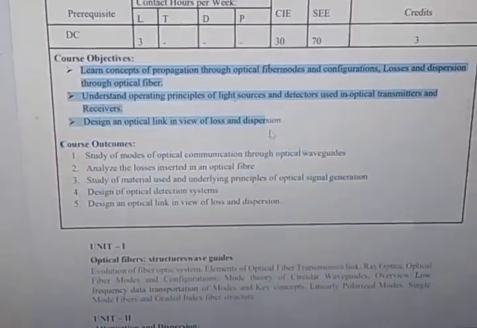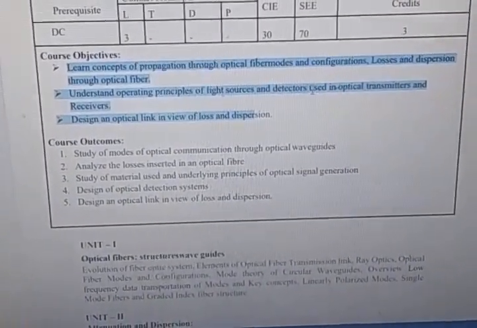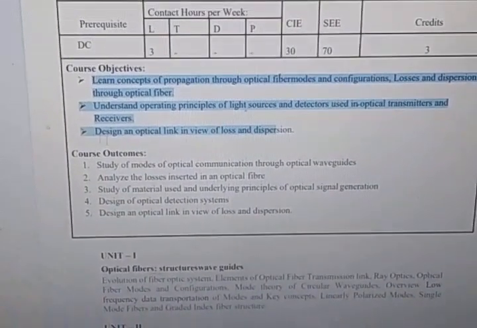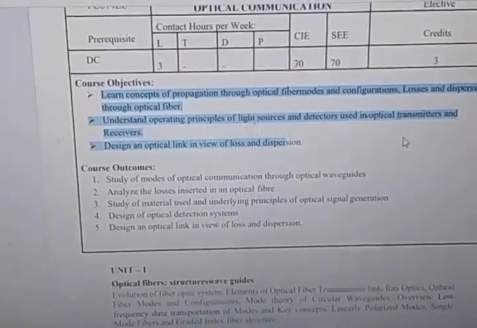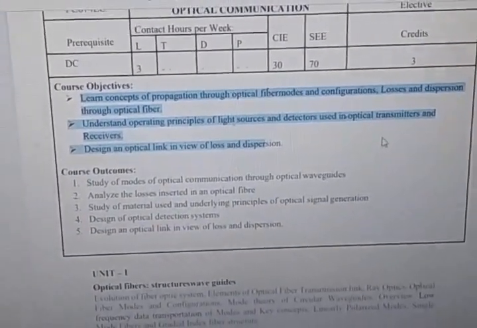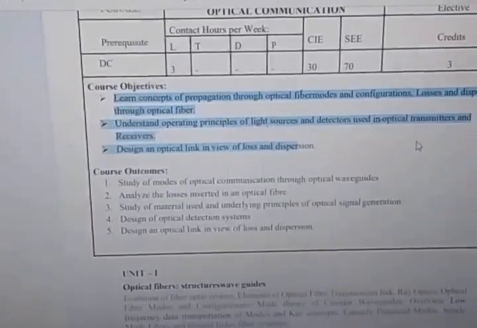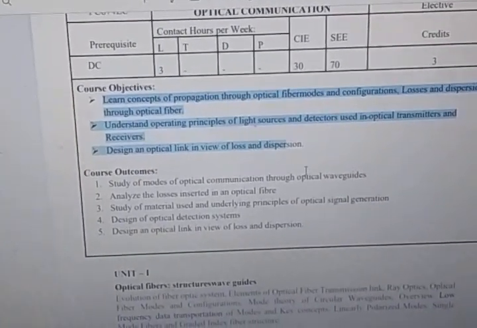First, propagation through optical fibers, configuration, losses and dispersions through optical fibers, and understanding the operating principle of light sources. Light sources means how we get the light and where it is going to work. Then the transmitter and the receiver.